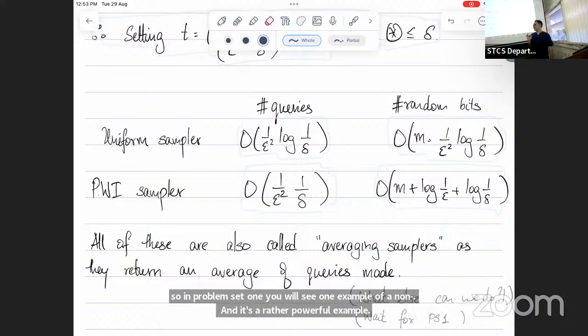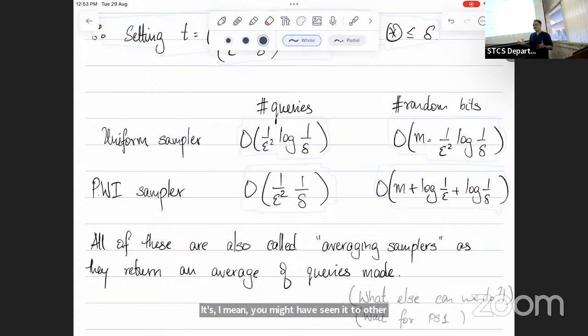It's called the median of averages. It won't quite achieve the best of both worlds, but you'll improve on some of the parameters. Once we see the next module, which is expanders, we'll then be able to achieve it.